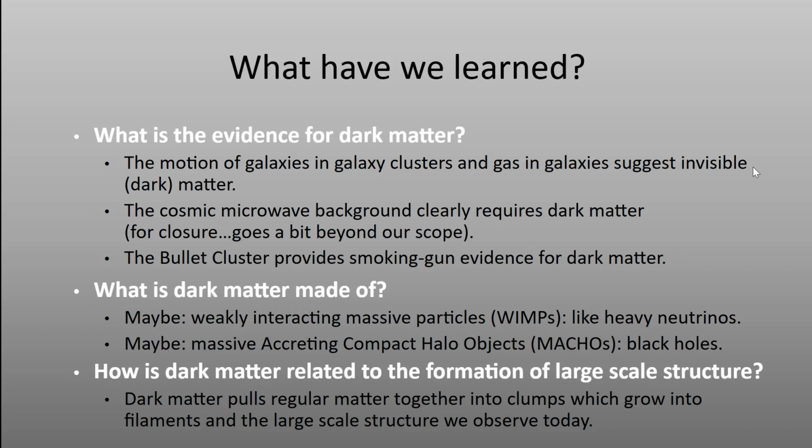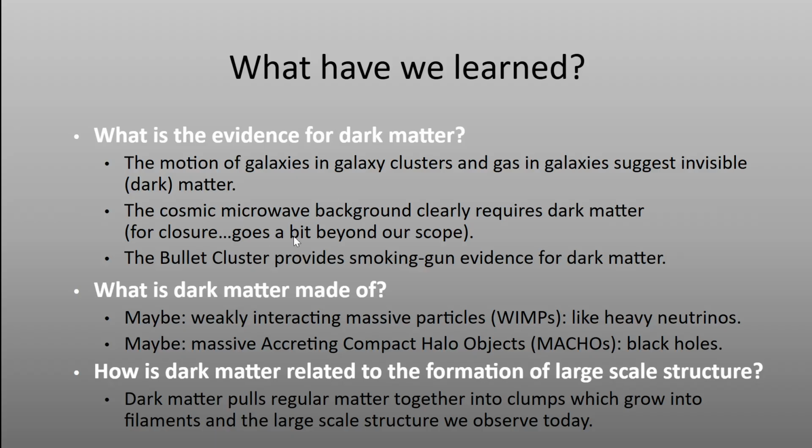All right, so in summary for this part, what have we learned? We have seen that the motion of galaxies in galaxy clusters, as well as the gas in galaxies themselves from Vera Rubin, suggest invisible dark matter. There's also evidence regarding the deuterium abundance, which I don't think I've included here, as well as the cosmic microwave background.